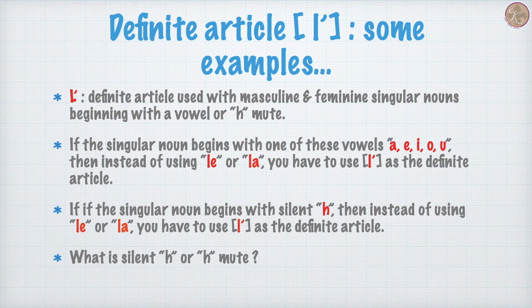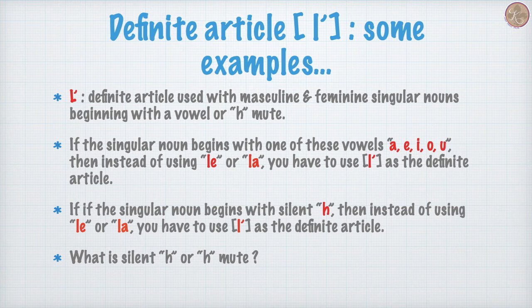Alright. Now in the French language, again it is a phonetic rule. When the spelling of a singular noun begins with H, there are two forms. In some words, the first letter H is pronounced. In some other words, the first letter H is not pronounced.